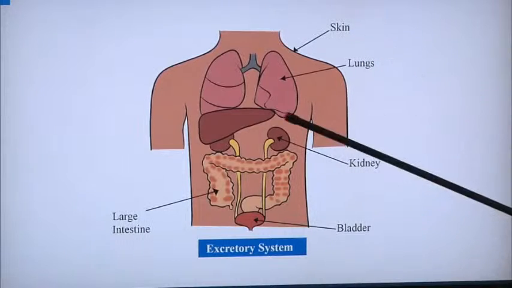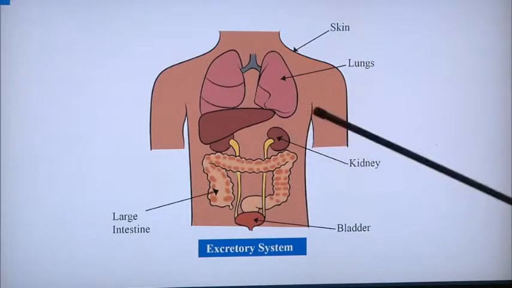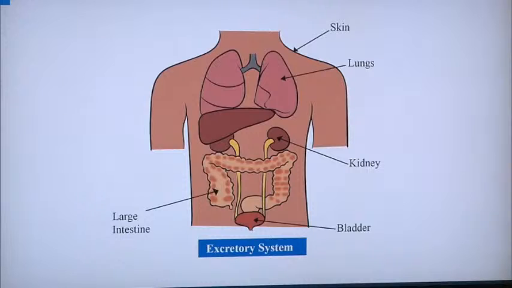We have the lungs. We have two, the right and the left. We have the kidney as an excretory organ. We have the bladder, and the last one, we have the large intestines.